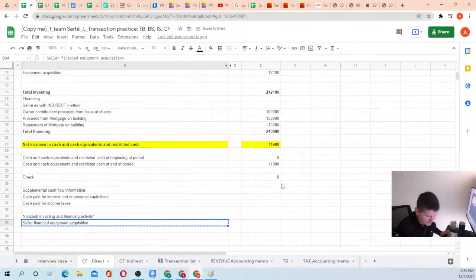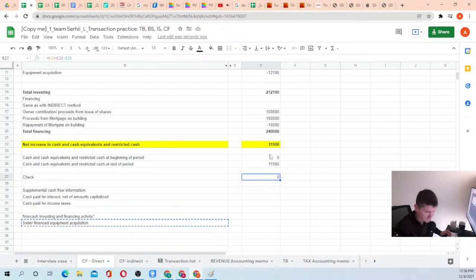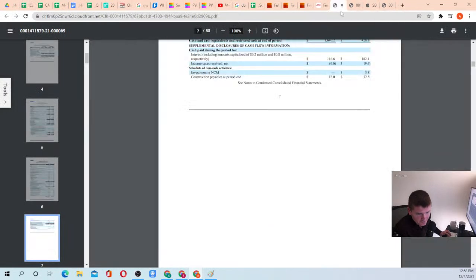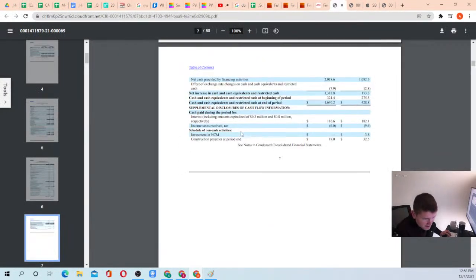Let's see. I'm not sure about the sign. Let's see what AMC did here. Interest paid, income taxes receipt, interest, investment in NCM, construction payables.